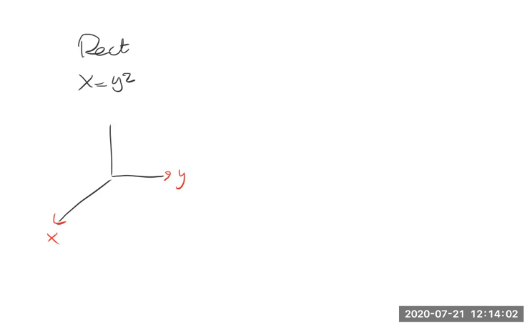X equals y squared is something like this. And then the cylinder above it is going to be something like that. It's a cylindrical surface, and x equals y squared is written in rectangular coordinates.